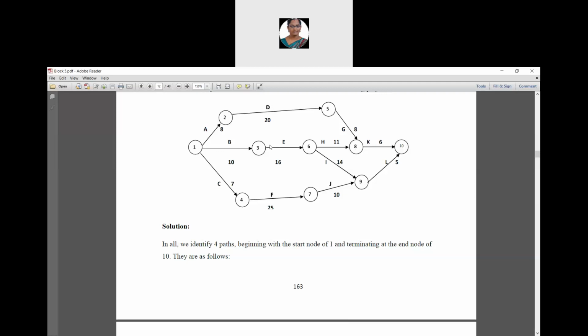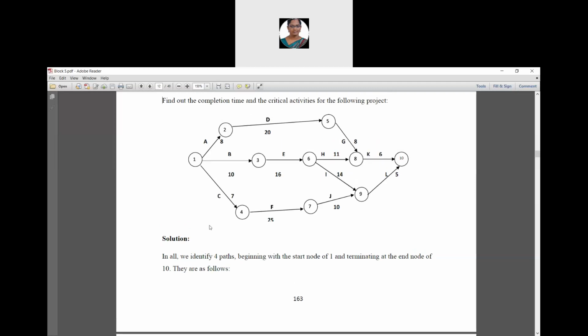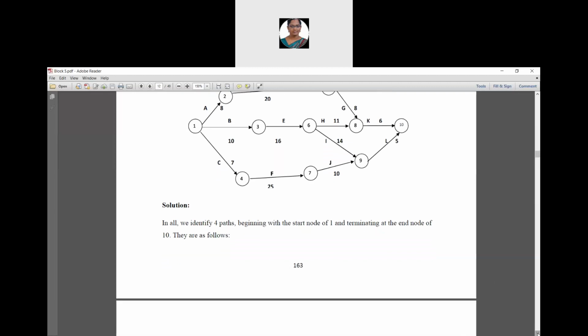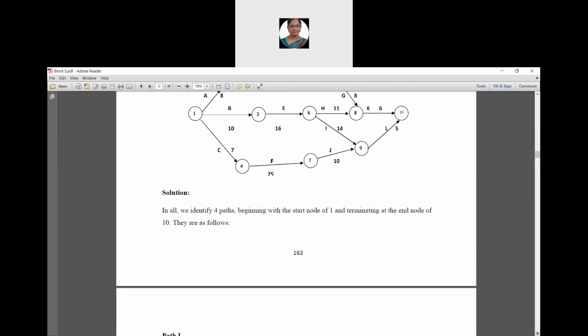Another possible path is 1 to 3, 3 to 6, 6 to 9, 9 to 10. One more possible path is 1 to 4, 4 to 7, 7 to 9, 9 to 10. Okay, so in all we identify 4 different paths, beginning with the start node 1 and terminating at the end node 10.